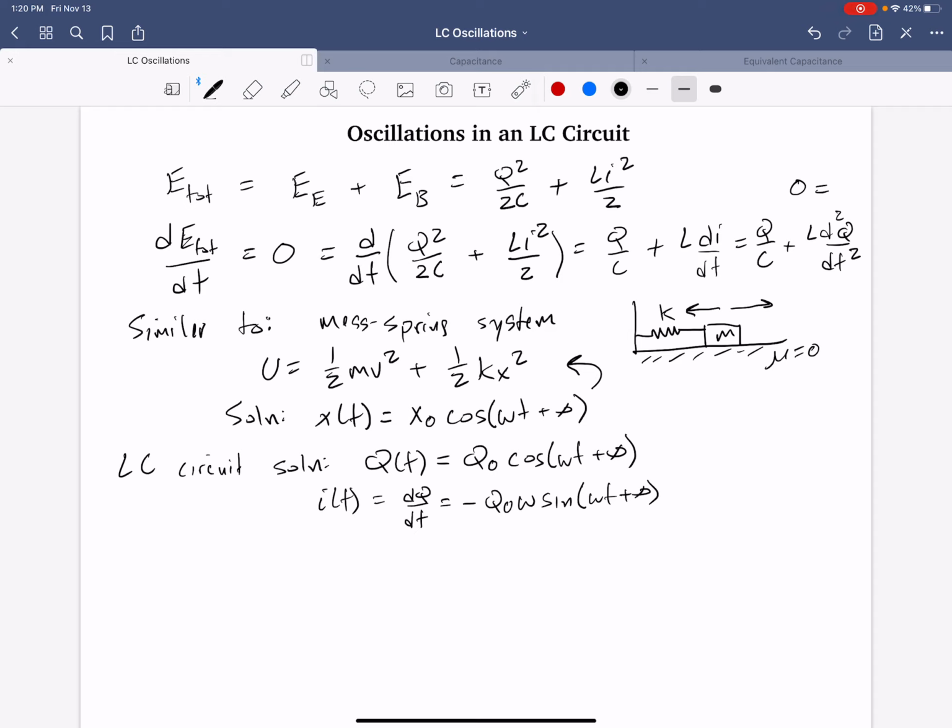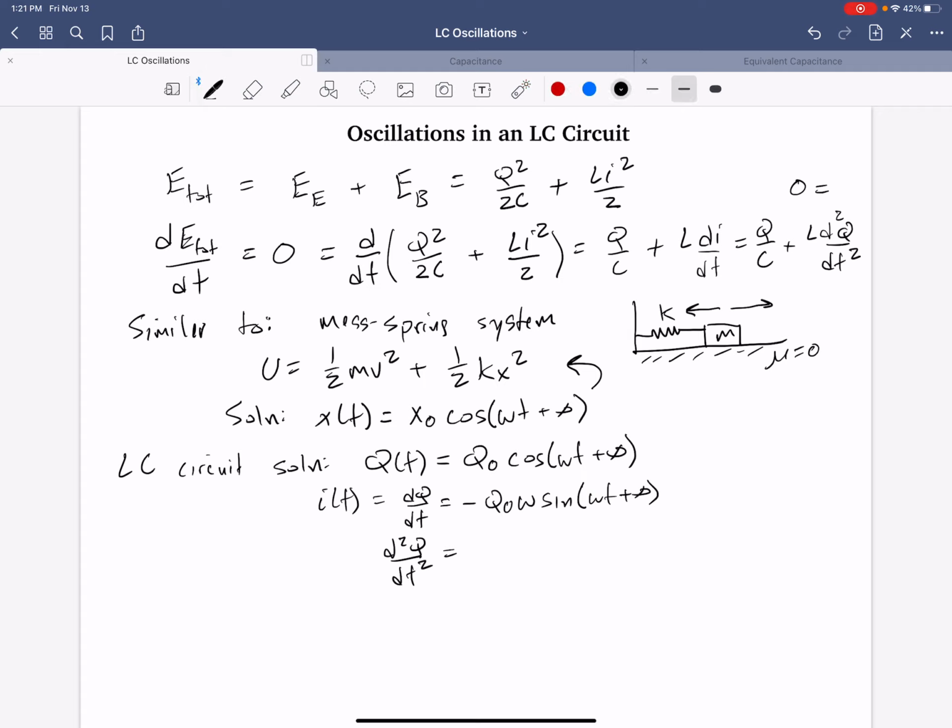We'll need d squared q dt squared as well, because what we want to do is plug in q right there and plug in d squared q dt squared right there. Set it equal to 0 and see what omega is.